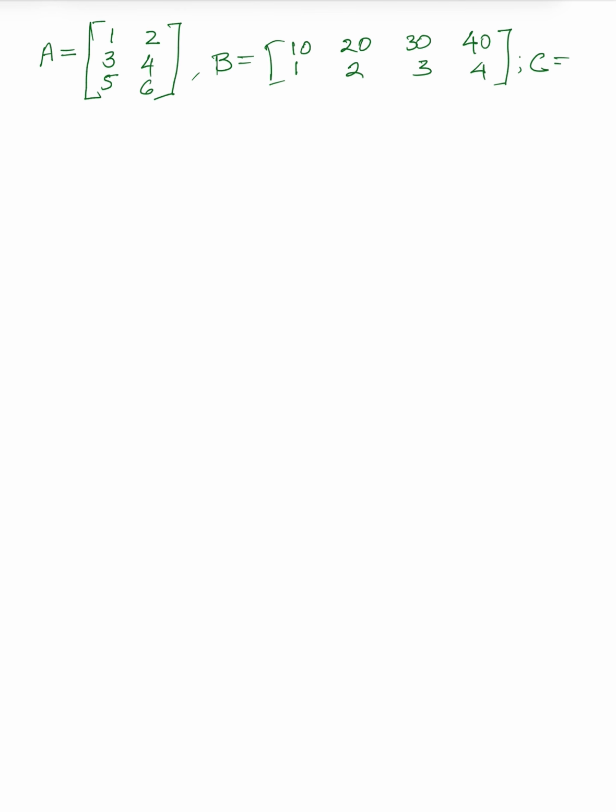The question is, C is equal to what? We can see that this is a 3 by 2 matrix, and this is a 2 by 4 matrix. So basically that will result in a 3 by 4 matrix. We know that beforehand, but we will need to solve it using the row interpretation.